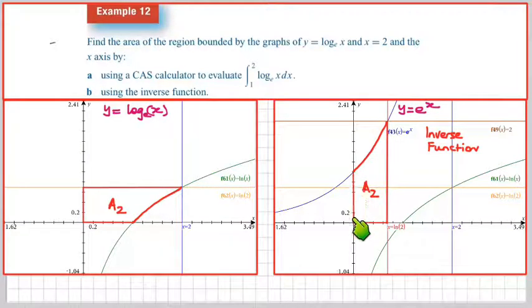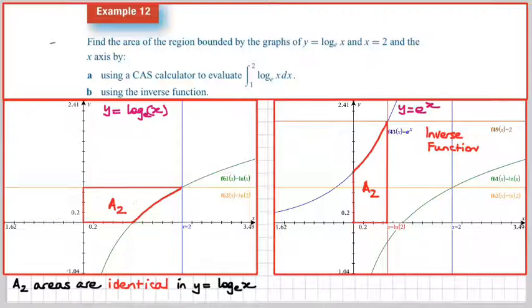It's a more normal looking thing. I'll show you. So the A2 areas are identical in y equals log x. These ones here are identical to that area there. Yes? Okay.